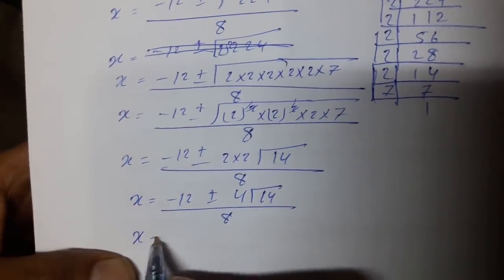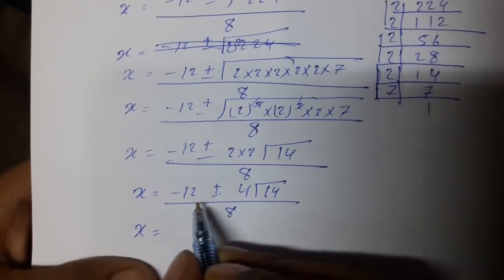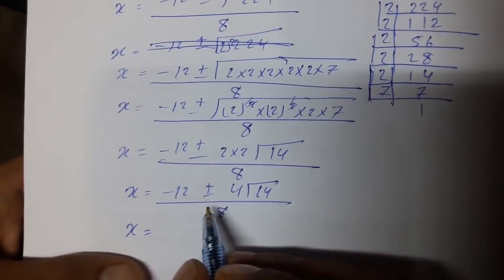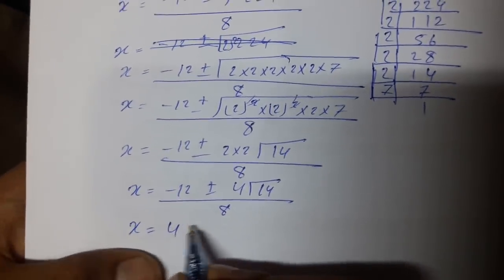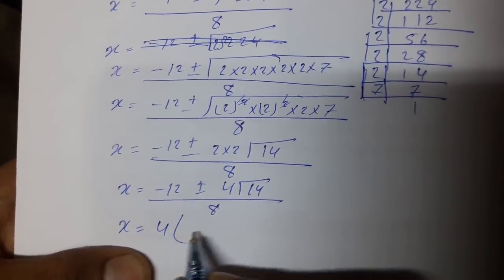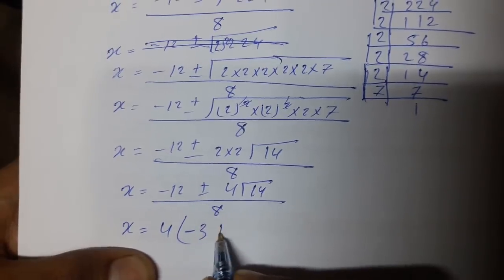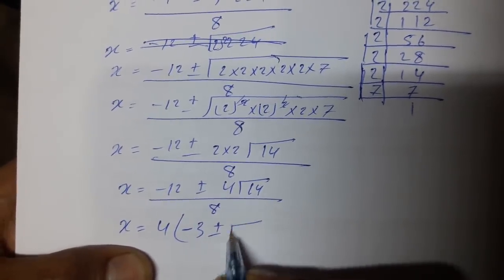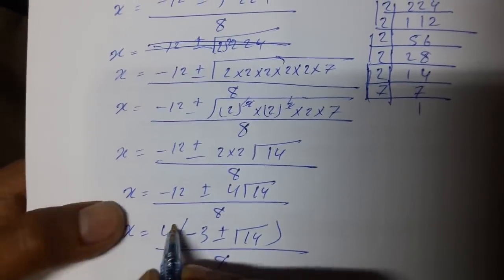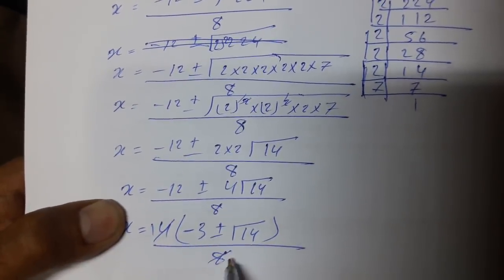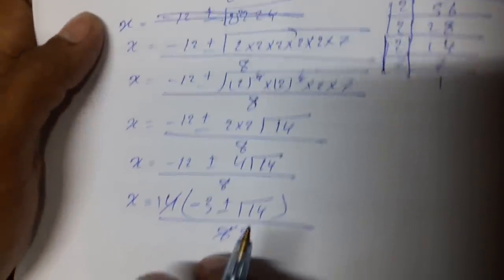And next, what is common between minus 12 and plus minus 4? The common is 4. So 4 3s are 12, minus 3 plus minus square root 14 divided by 8. 4 1s are 4 and 4 2s are 8.